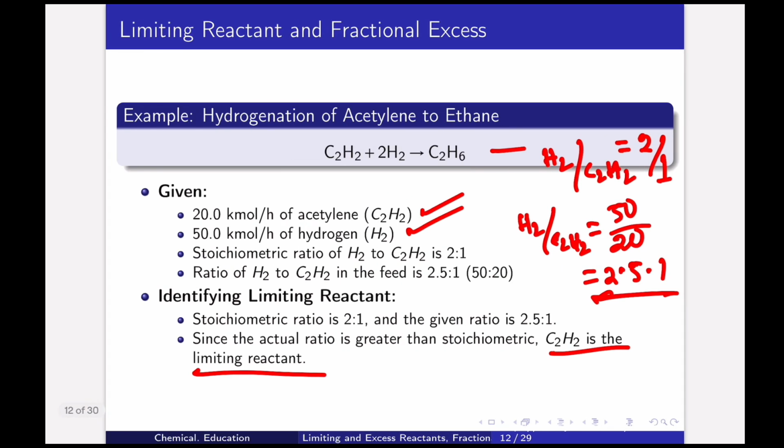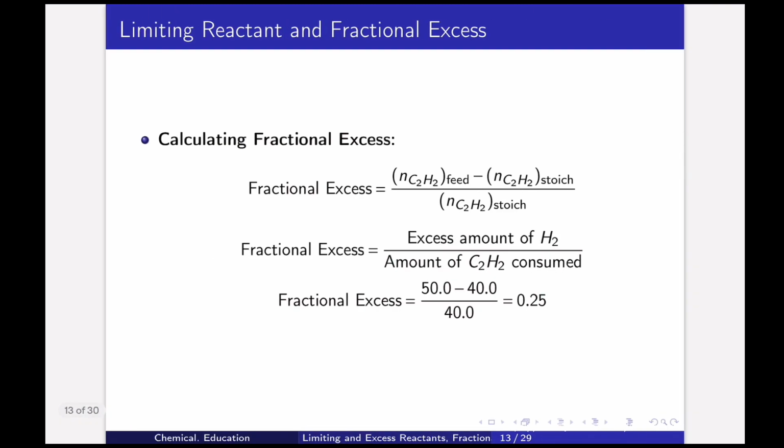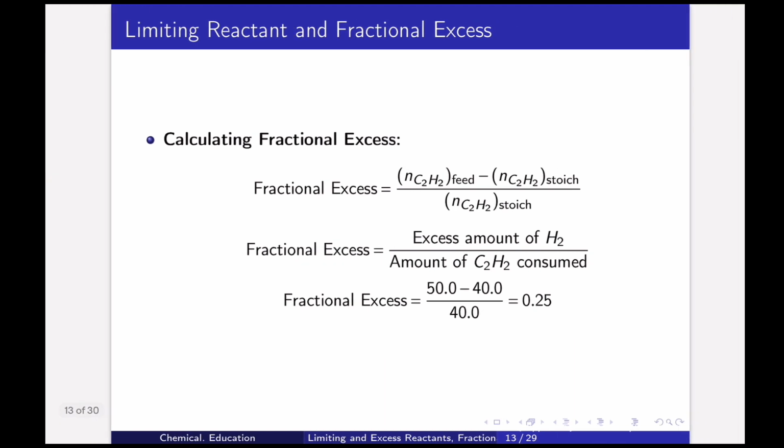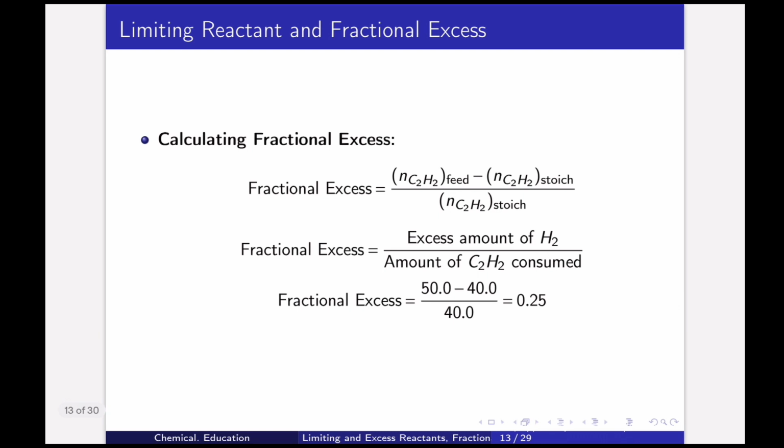After getting the limiting reactant, we can easily calculate the fractional excess. So the fractional excess is, since we are calculating the excess, H2 is the excess amount: the H2 feed minus the H2 stoichiometric, divided by the amount of H2 consumed.